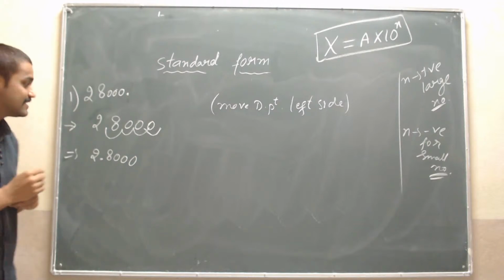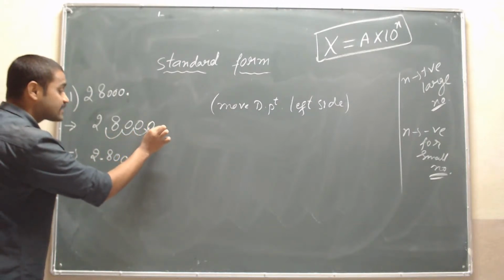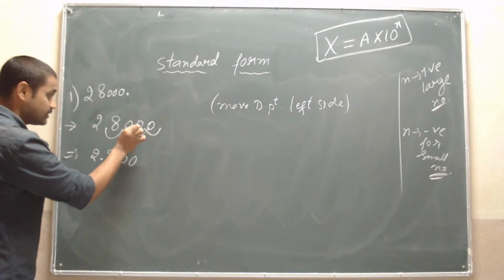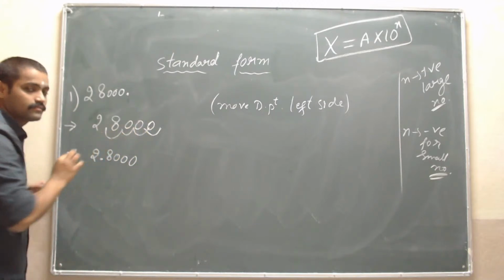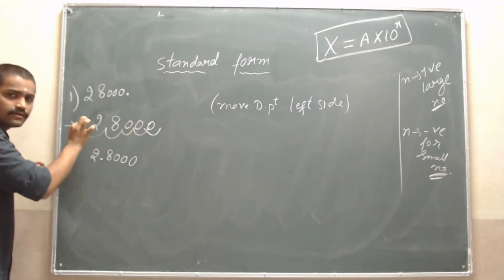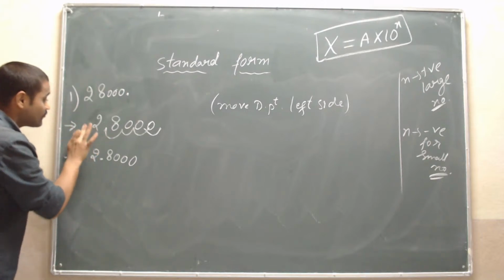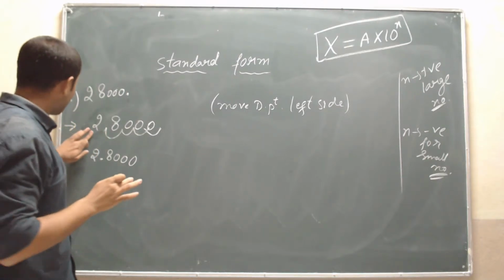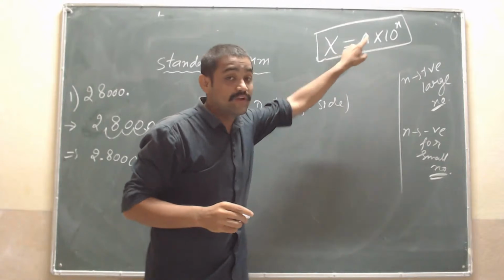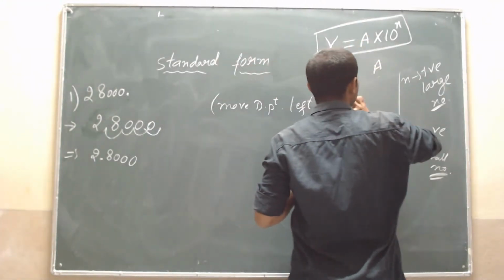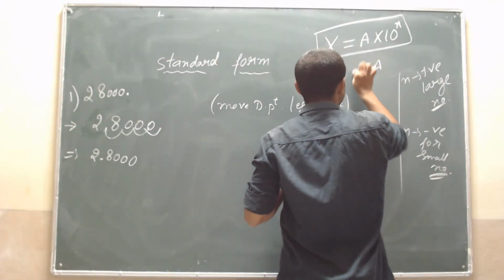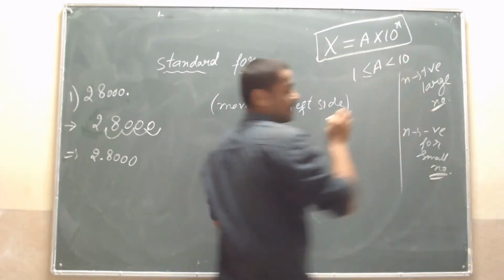Is it clear, students? Here the decimal point is moving to the left side, isn't it? Because we have to notice that the a value must lie between 1 and 10.